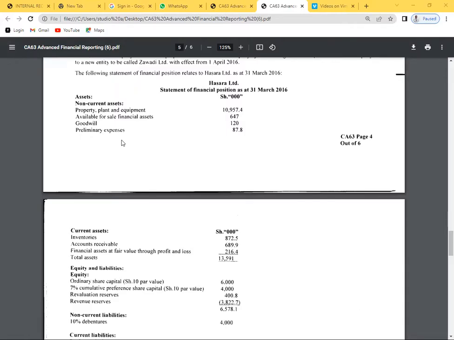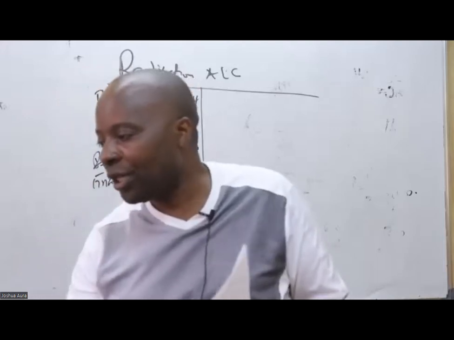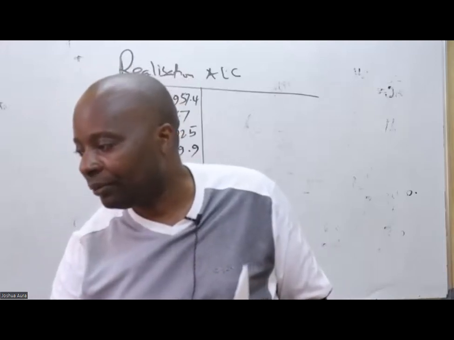Accounts receivable, 689.9. Then we have financial assets, 216.4. So you take them at book value.